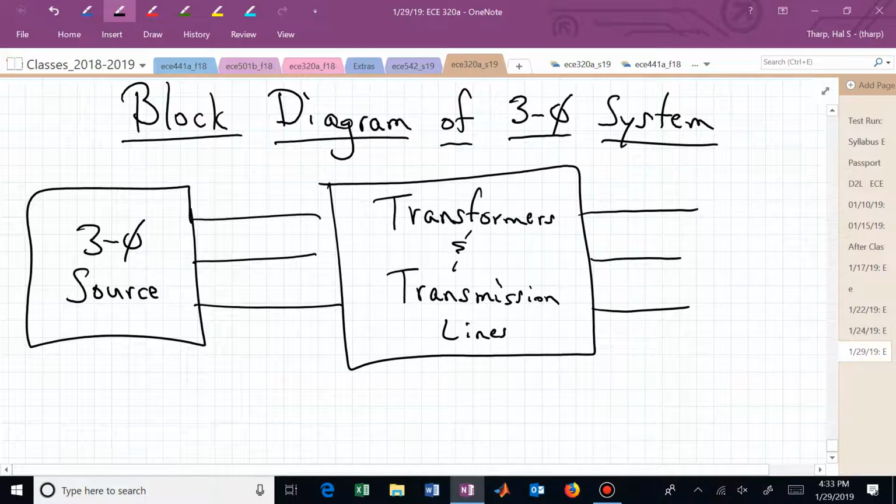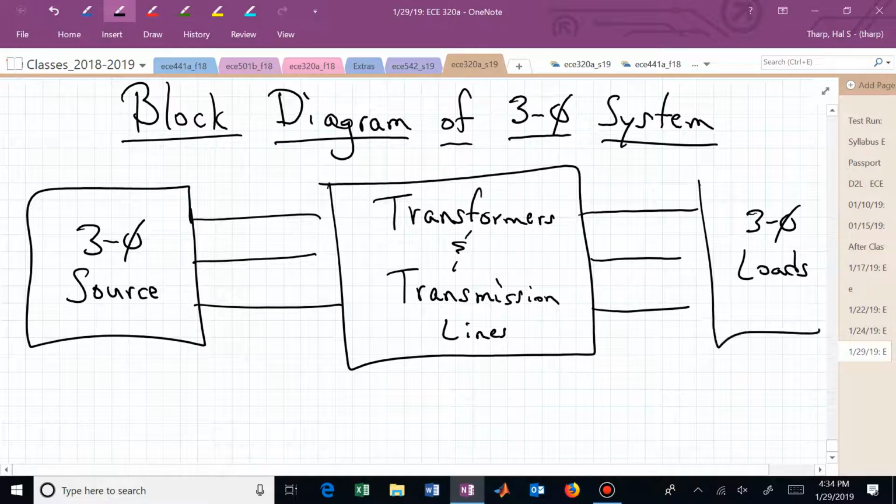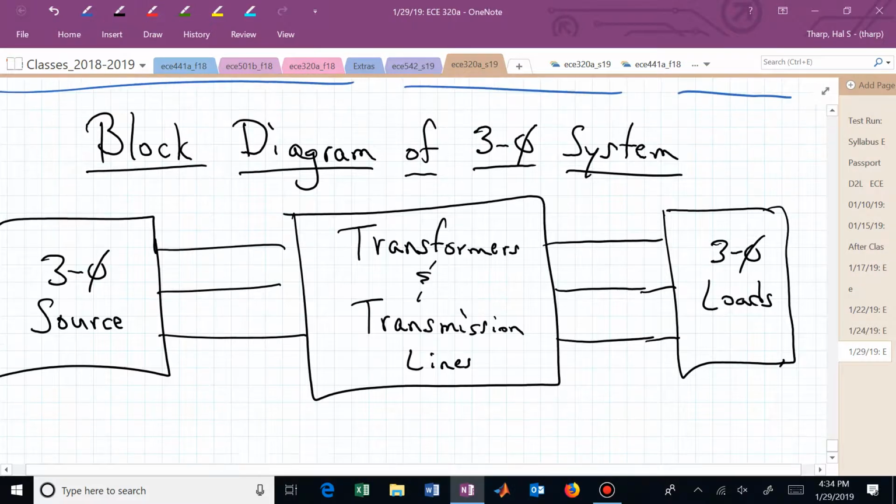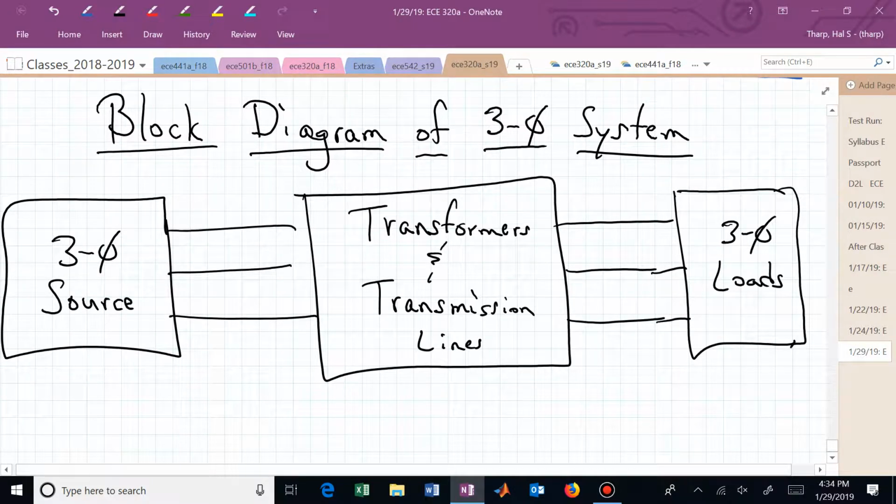So on one side we might have transformers, on the other side we might have transformers, so we may really crank up the voltage, ship it down the transmission lines, and then coming into your house, it's not very high, is it, voltage-wise? Well, it's stepped down again with transformers as it gets closer and closer to the destination or the loads. And here, on the right-hand side, are our 3-phase loads. That's my block diagram of a 3-phase system.